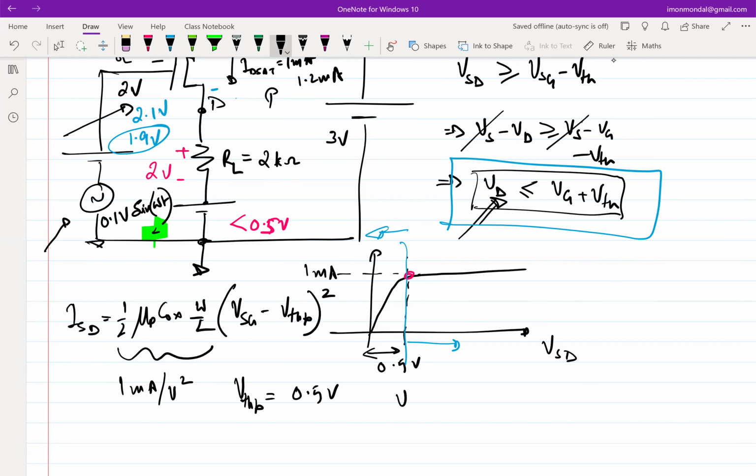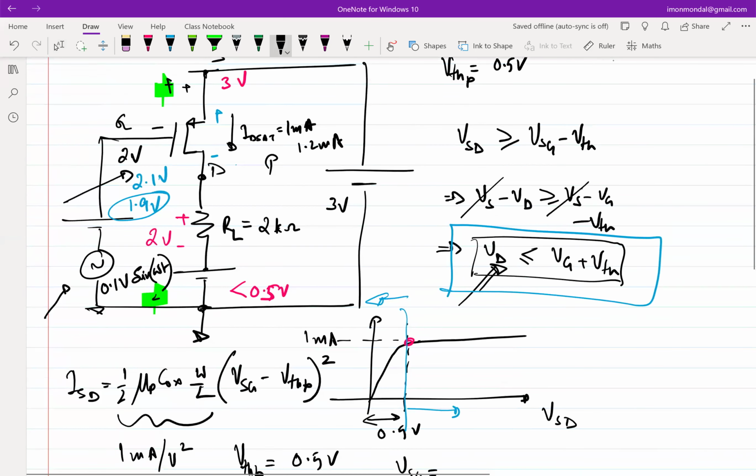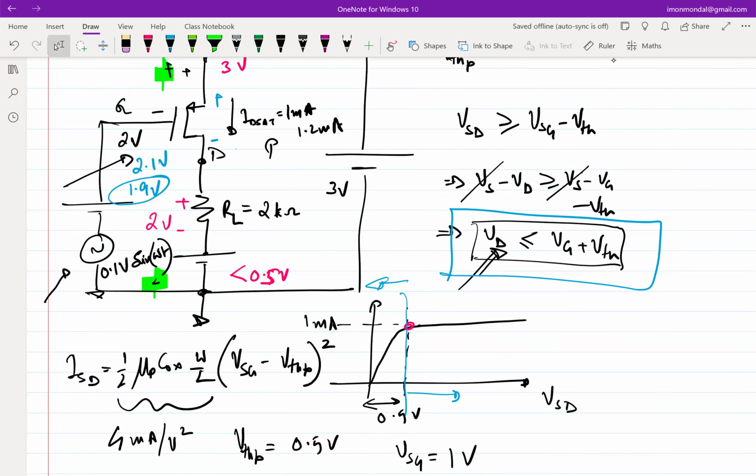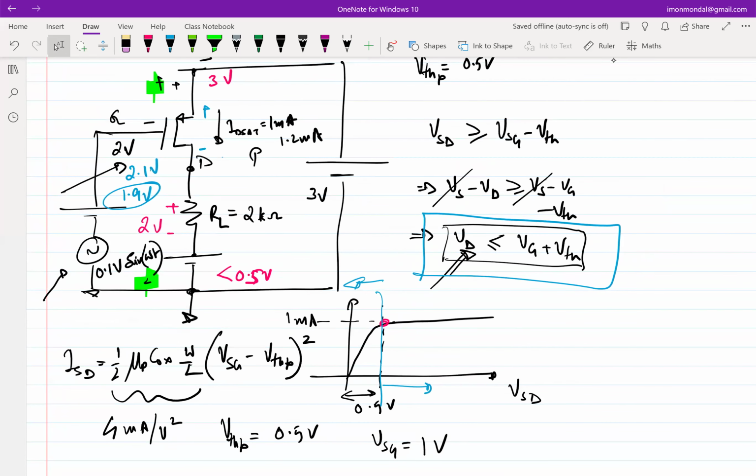So we assume VSG is equal to how much? 1 volt. So this assumption is not valid. Let's assume this is 4 milliamp per volt squared. If I take this set of values, your ISD becomes 1 milliamp, and we don't have to change much in the circuit.